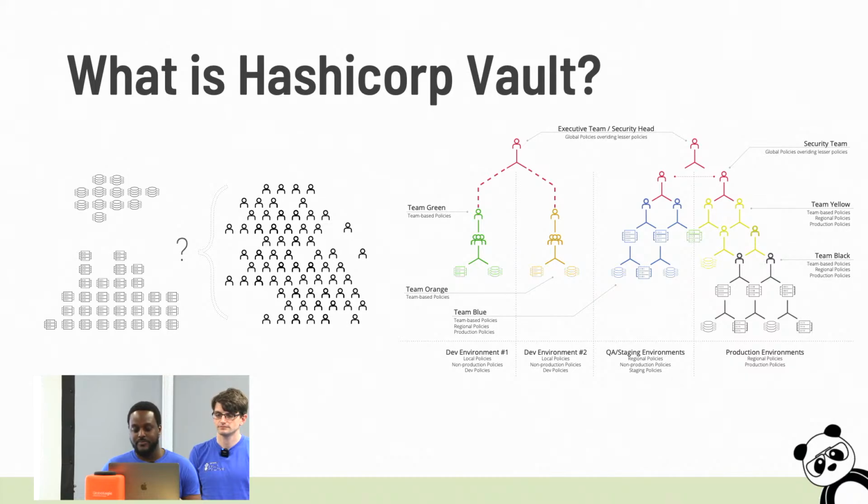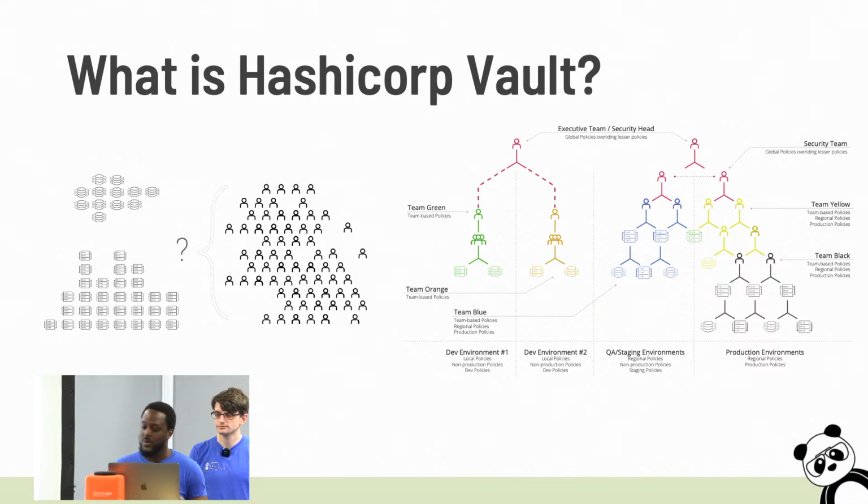As you can see, here's an example of a use case for where you would use Vault. On the left, you would see there's lots of systems like applications, and you also have loads of users.